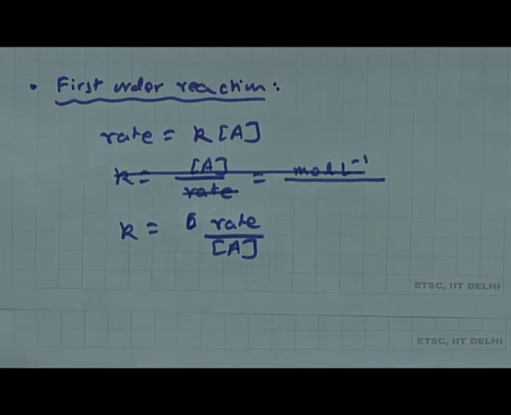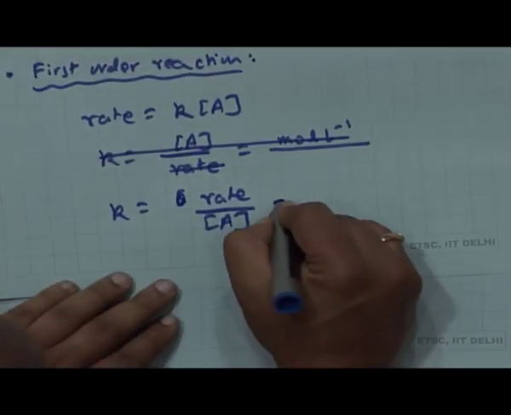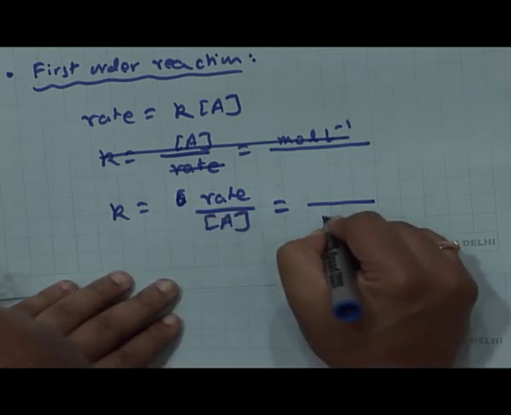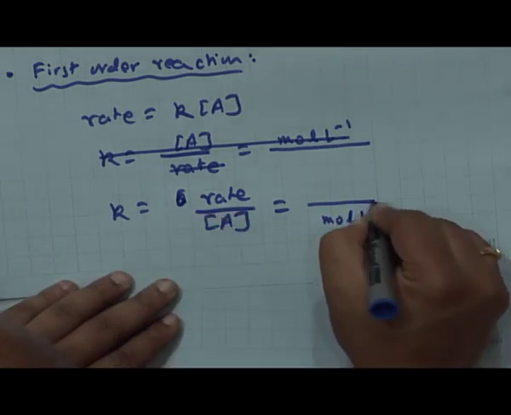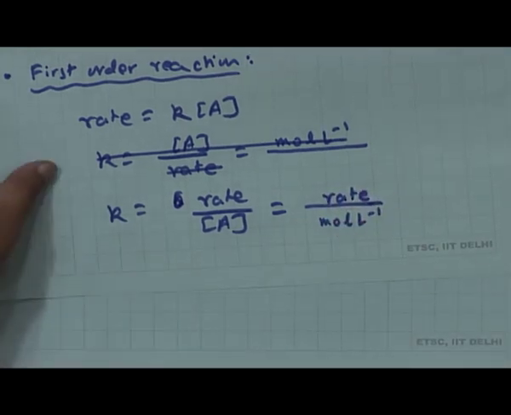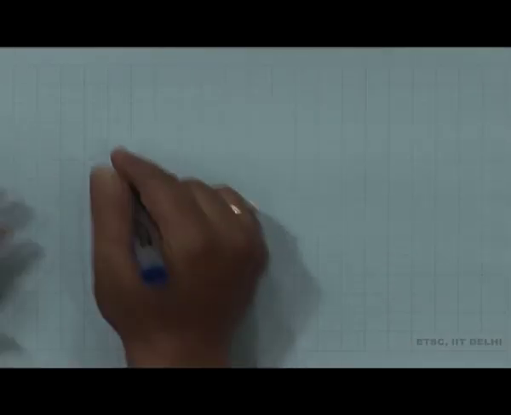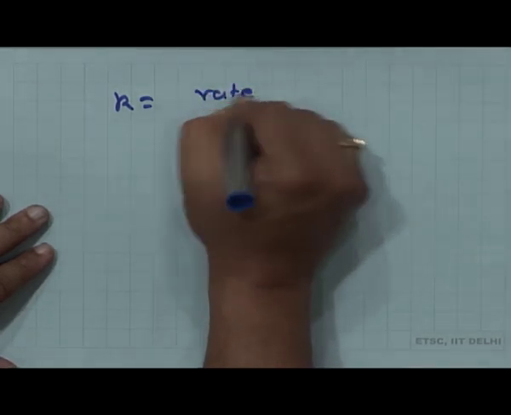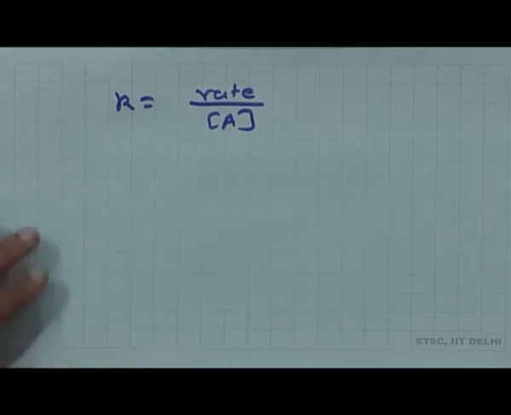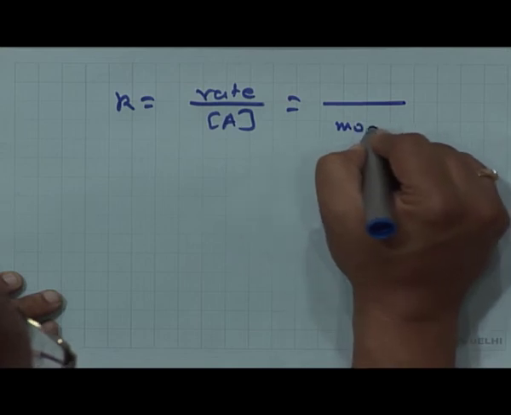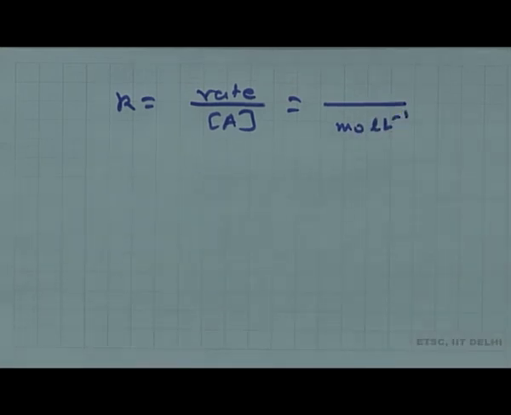So, K is equal to rate over concentration of A, and the concentration we knew is mole per liter, and then we are putting the unit of rate out here. So, we go to the next page, we write it a little in a better way because I have done some cancellation. So, K is rate over concentration of A, the concentration of A is moles per liter or molar concentration.